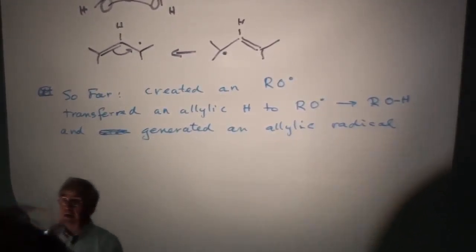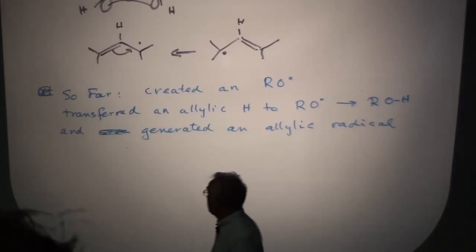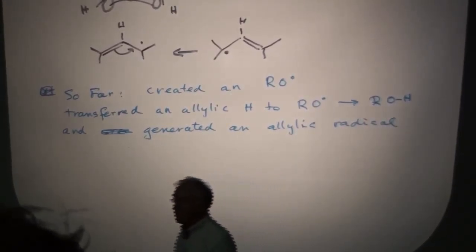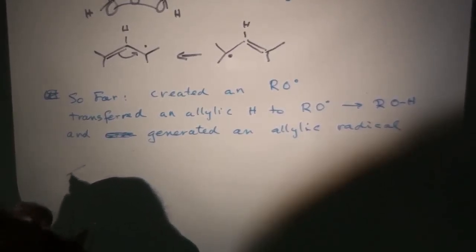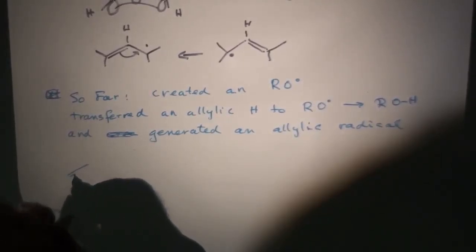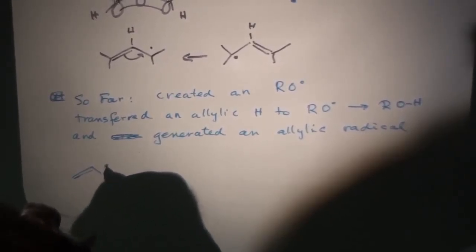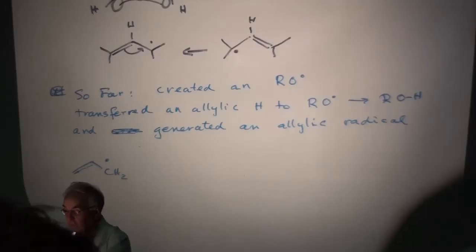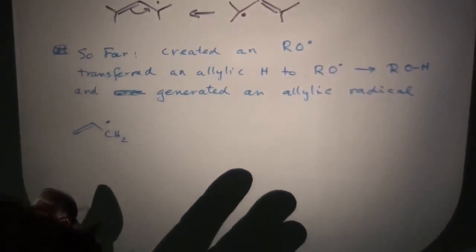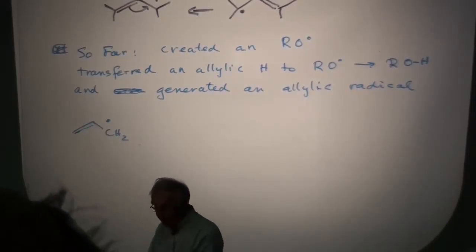Looks like a lot of words for a couple of simple reactions. So at this stage in the reaction mixture, the reactive species is something that we can draw like that. That's the reactive species right now in the reaction mixture. We haven't done anything.